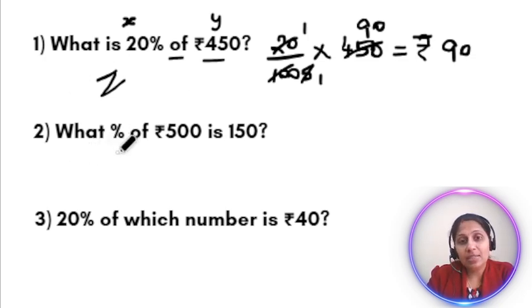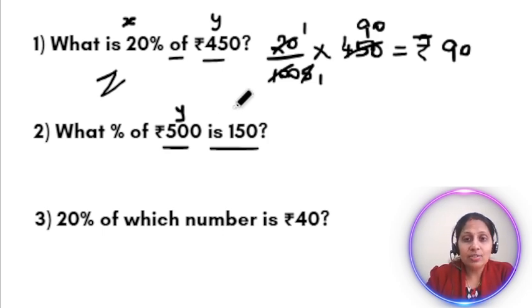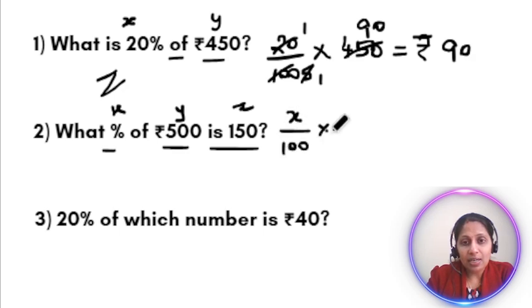What percent of 500 rupees is 150? We know that "of" always follows your Y and Z always follows your "is", "equal to", "gives". So this is your Z. Now you need to find the rate percent, which is X. So X by 100 times 500 equals 150.